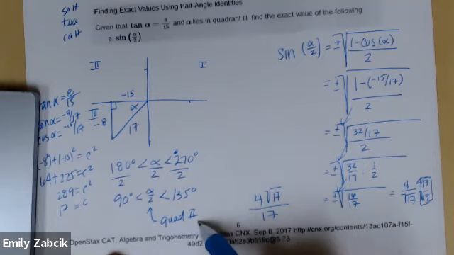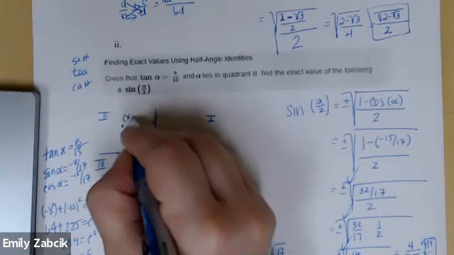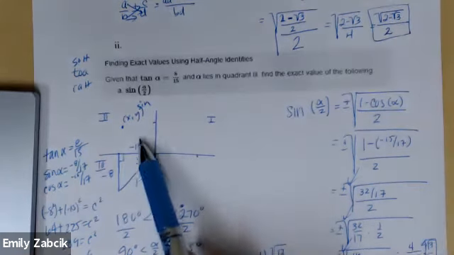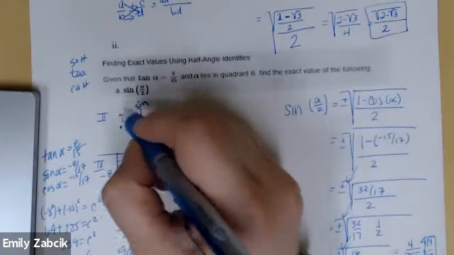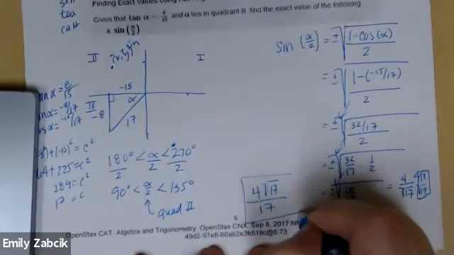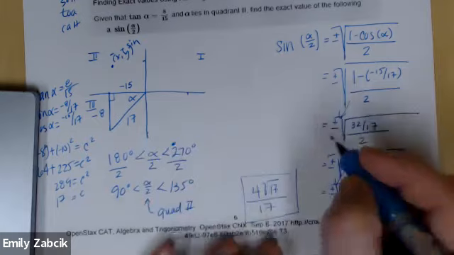So if alpha over 2 is in quadrant 2, remember any point up here is your x, y, and sine would be your y. So isn't sine up here positive and your x is negative? So that means over here, I'm just looking at positive 4 square roots of 17 over 17. And it's positive because sine is positive in quadrant 2.